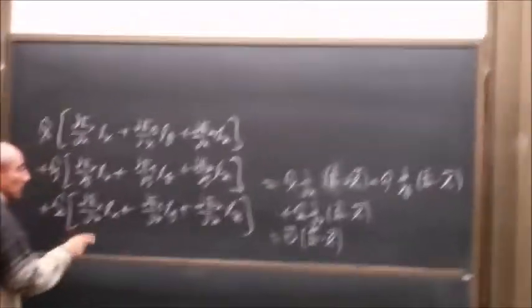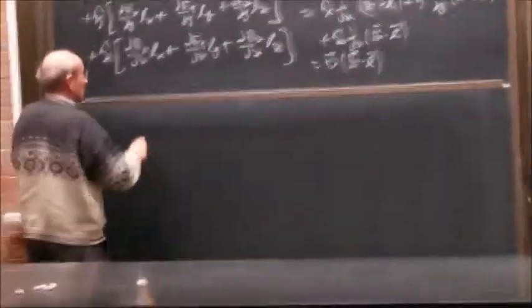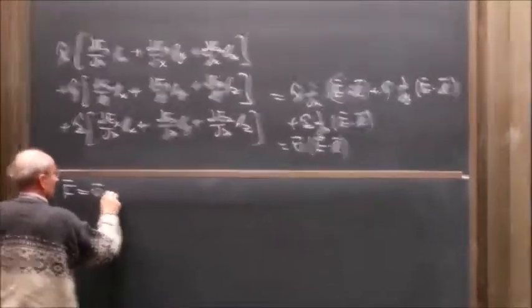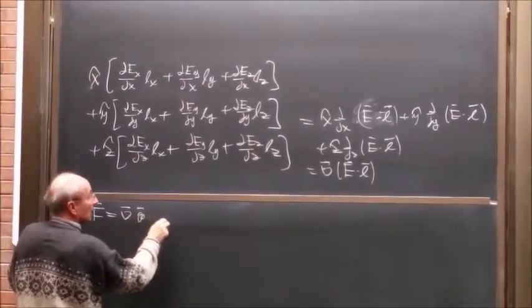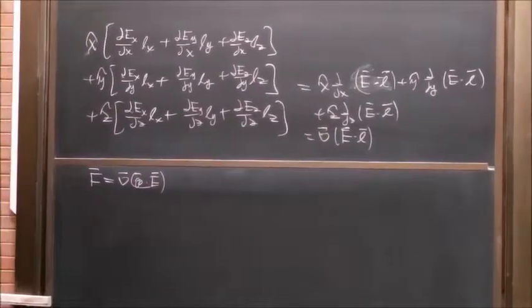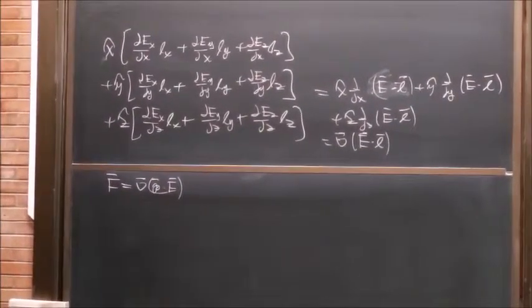And so when you put in the Q that we had, what we got was the force was equal to the gradient of P dot E. And that's the result we got on Friday.